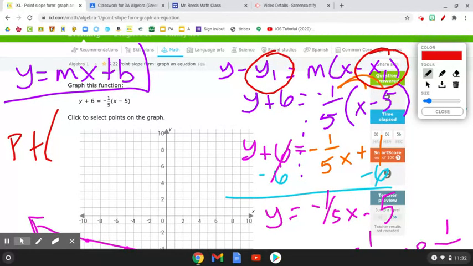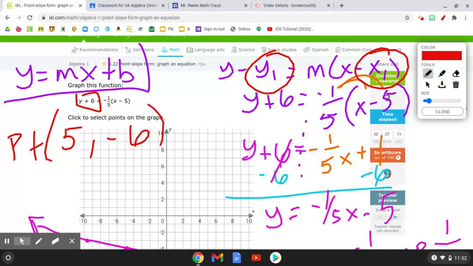This is y minus y1, which means if this is a plus 6, that's not a positive 6, it's actually a negative 6. If this is a minus 5, then that's actually a 5. So my point here would be 5, comma, negative 6.